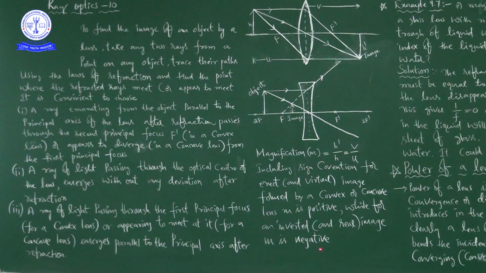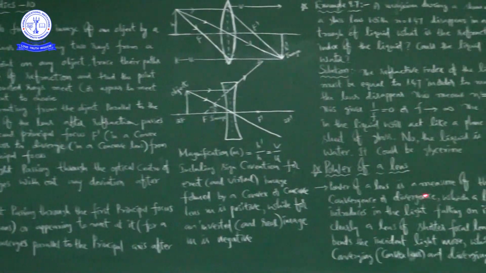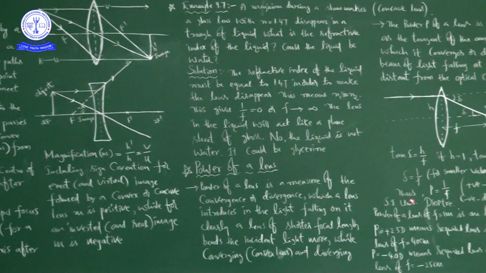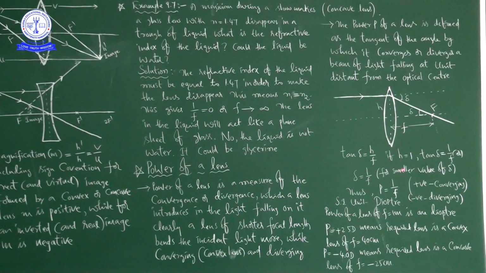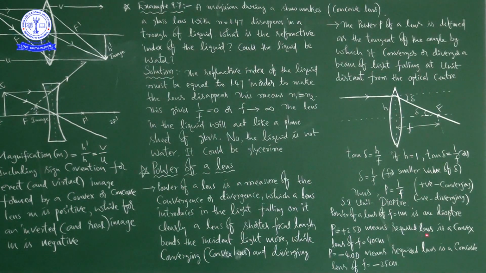Magnification is negative for inverted and real image. Then we discussed one example problem related to it. Afterwards, we discussed what is the focal power of a lens. In general, focal power is the inverse of focal length. What is the definition and what is the formula? What is the unit, and examples based on the focal power? What is the focal length and nature of the lens? Okay, right.